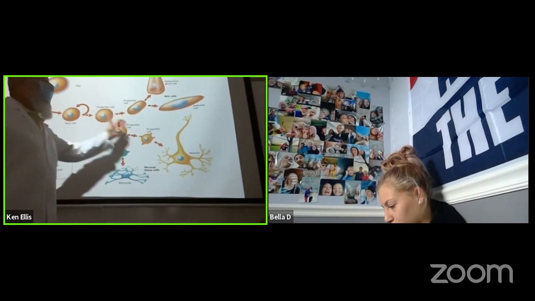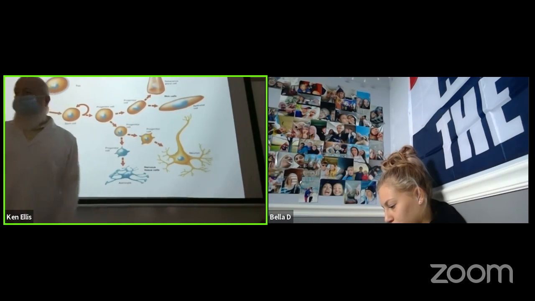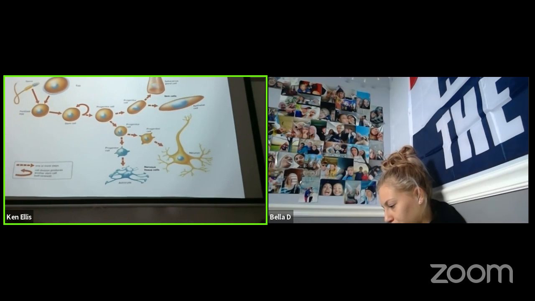So this is the big hullabaloo about stem cells. The idea here is, gee, I have a liver that's going bad, and I've already had a transplant. When you take on a new organ that's not your own in a transplant, the problem is you've got to take anti-rejection drugs.